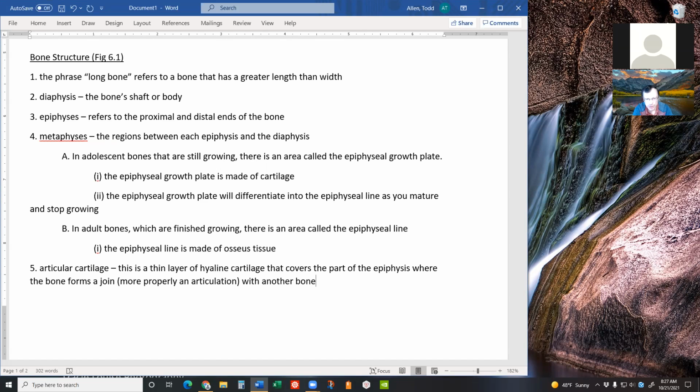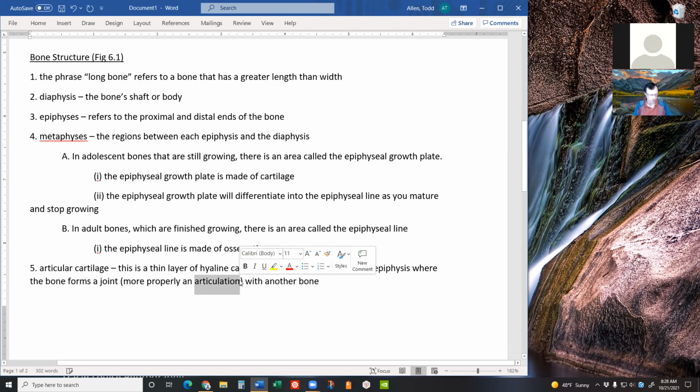Very soon we will be talking in more detail about some of the characteristics of joints in the skeleton. There are different kinds of joints, but please know that when we talk about a joint, we're talking about something more properly referred to as an articulation, okay?